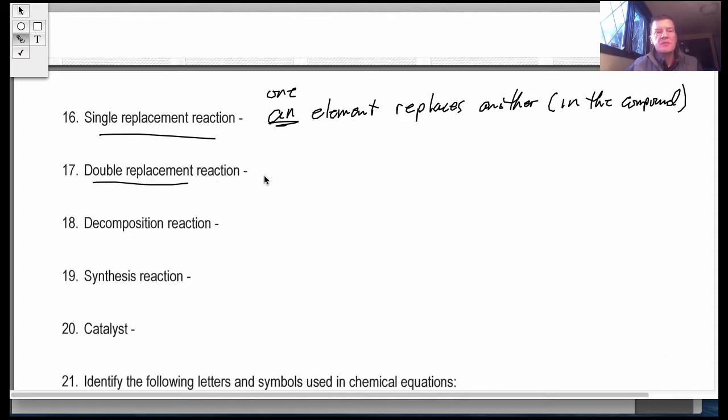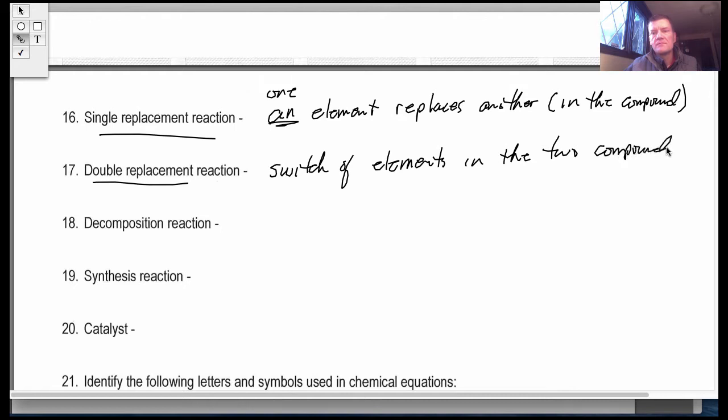Double displacement or double replacement is there's a switch of elements in the two compounds. Okay. Decomposition is breaking apart.